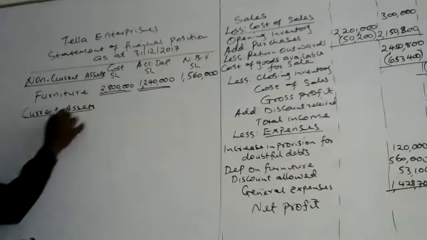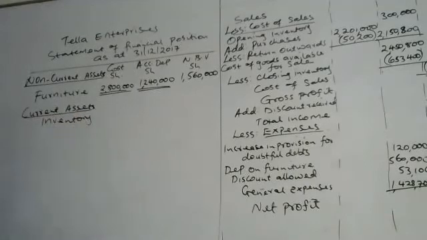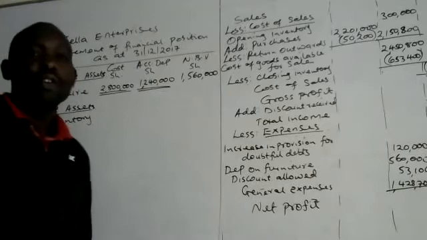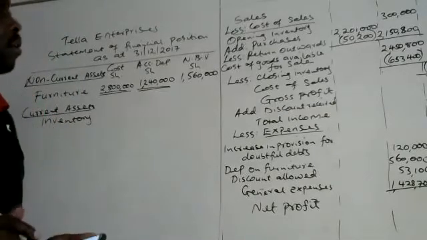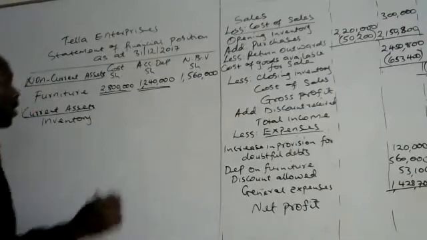So you'll come here and then capture the current assets, where we shall record the inventory. And I insisted, when it comes to inventory, don't confuse. Always use the closing inventory. 653,400.